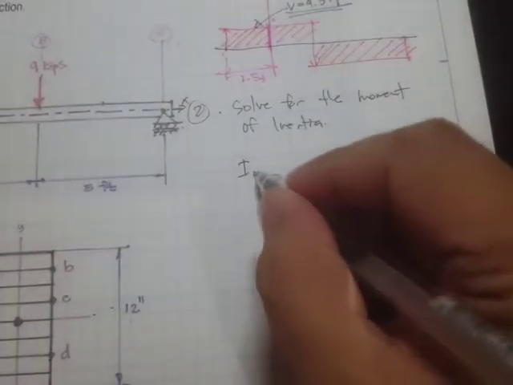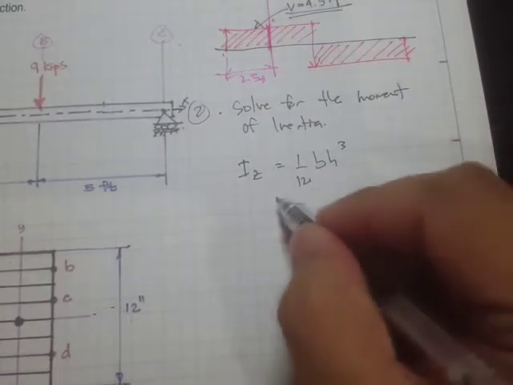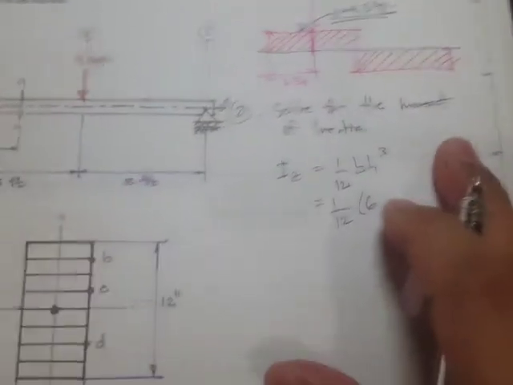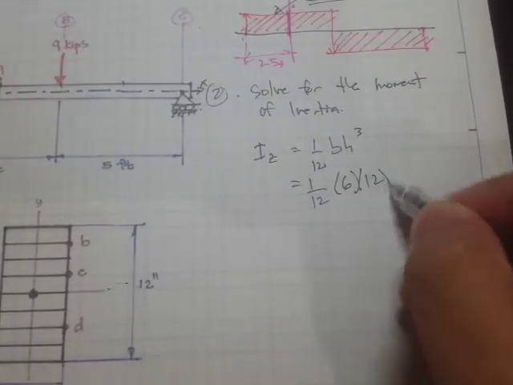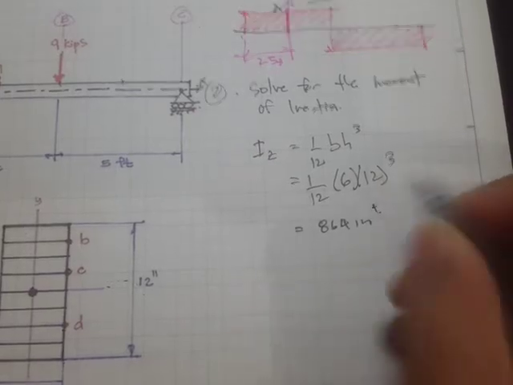So IZ is equal to 1 over 12 base times height cubed. What's the base? This is just 6. So 6 times the height, 12 cubed, and what we get is 864 inch to the 4th, right?